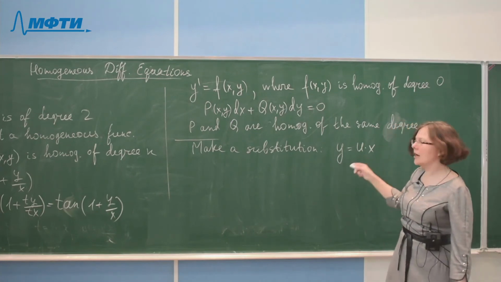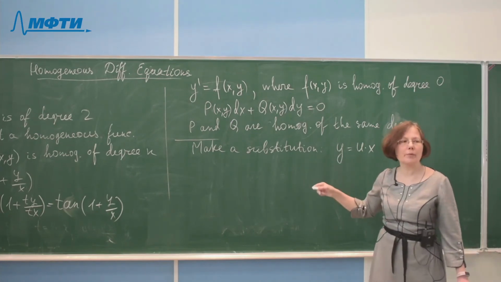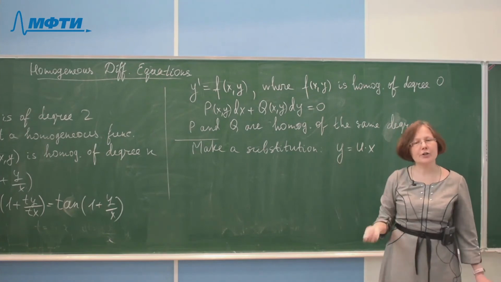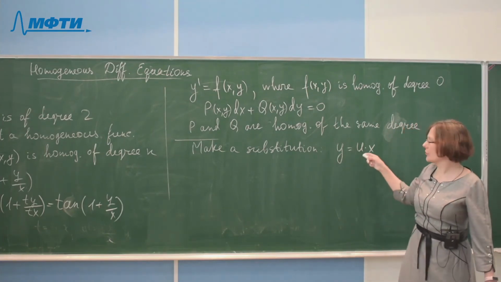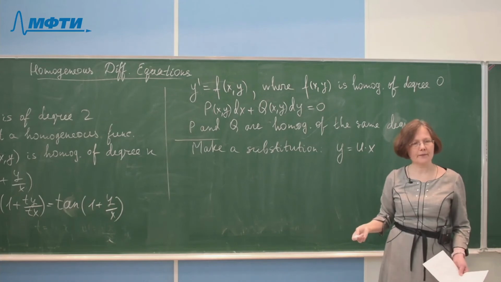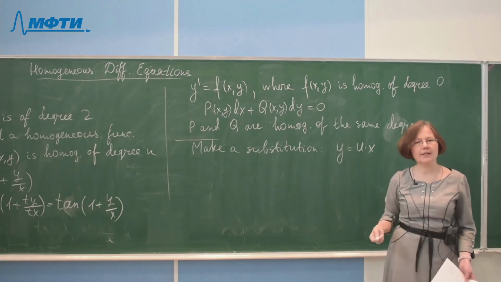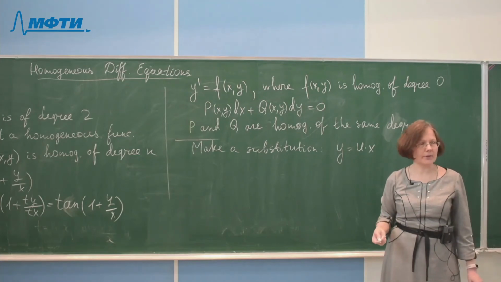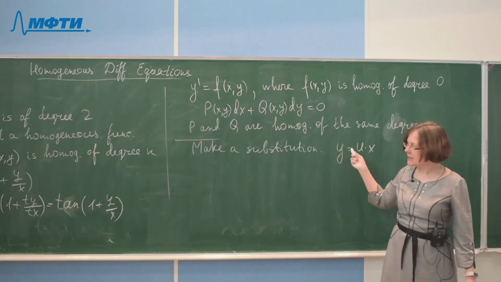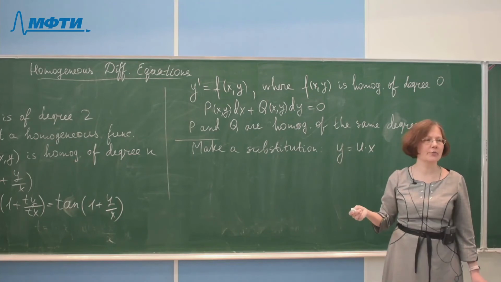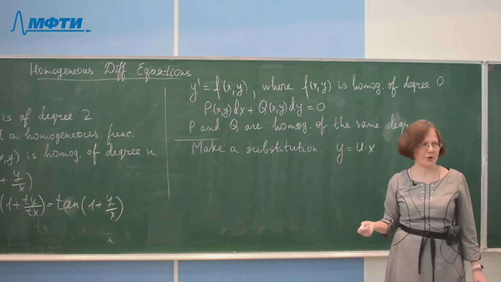After this, we will rewrite our original differential equation in terms of x and u. This substitution will lead us to separation of variables, so the new differential equation will be a separable differential equation.